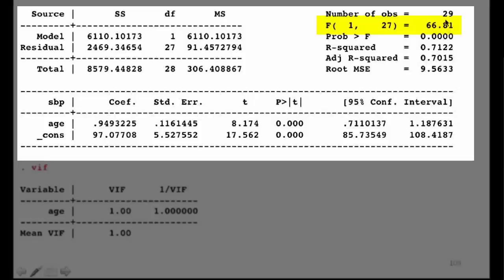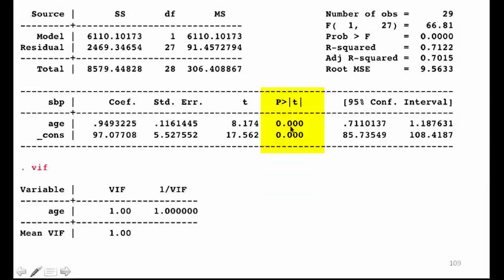So 8.174 squared is 66.81. The p-values are identical. It's a little confusing here because in the stat output they give 4 decimal places for the p-value for the f, but only 3 for the p-value for the t. But they're exactly the same test. They're telling us exactly the same thing: in both cases, if you're interested in estimating blood pressure, you're much better off to know age than to not know age. It's good to know age. You get a better predictor.